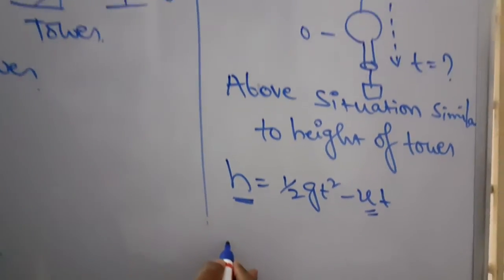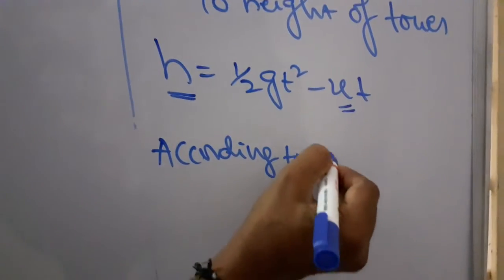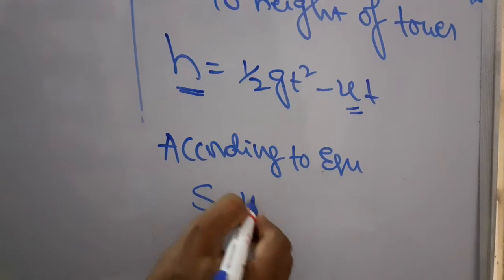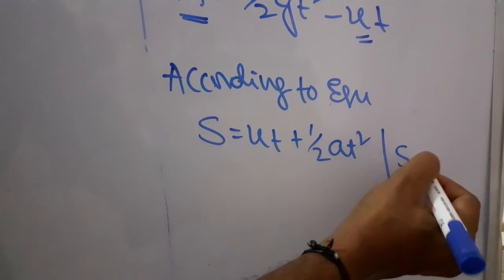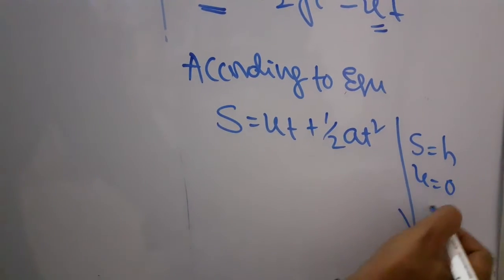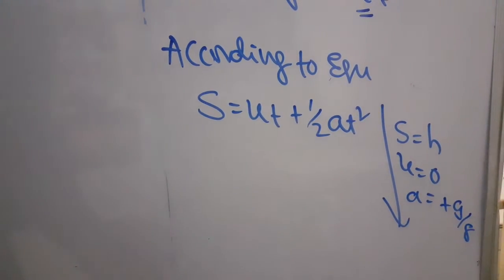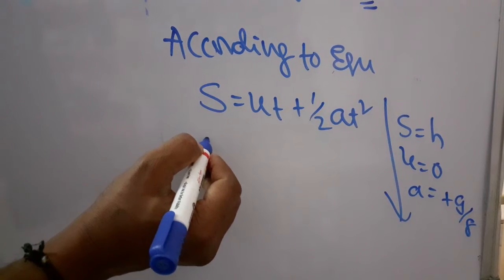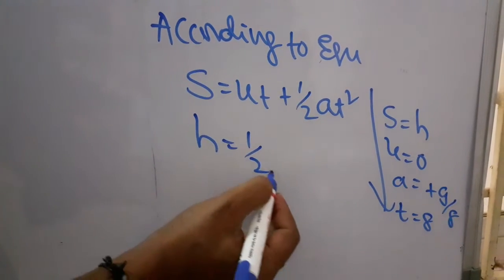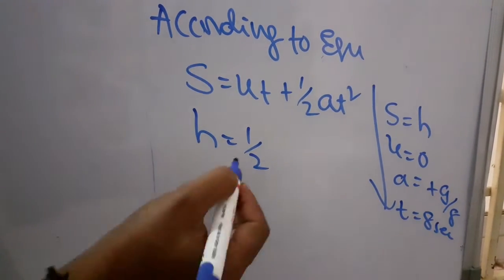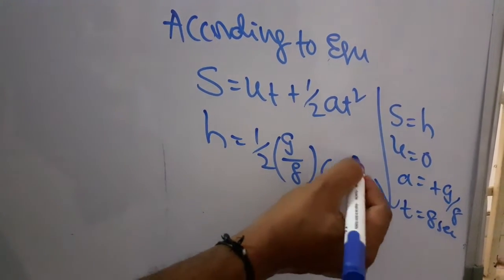Right, according to the equation, s is equal to ut plus half at square. The body is falling freely. S is equal to h, u is 0, a is equal to plus g by 8. So therefore h is equal to 1 by 2 into t, 8 seconds, then g by 8 into 8 whole square.